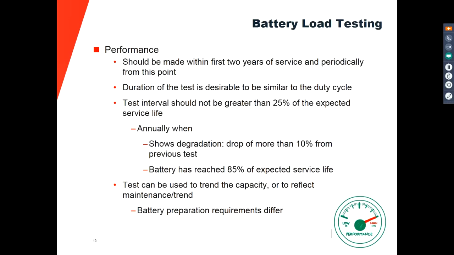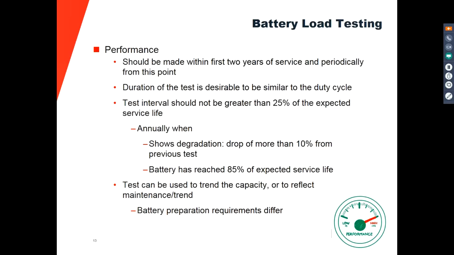The test interval should not be greater than 25% of the expected service life. We have another slide that depicts this better, but if the battery is expected to last for 20 years, the expectation is to test every 25%. That means every 5 years.